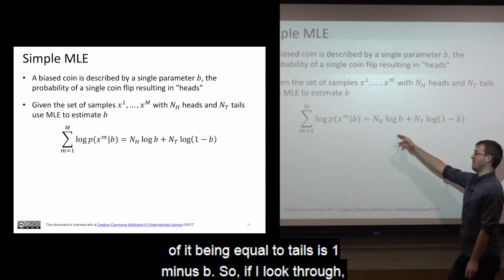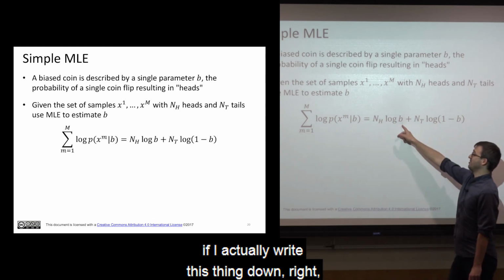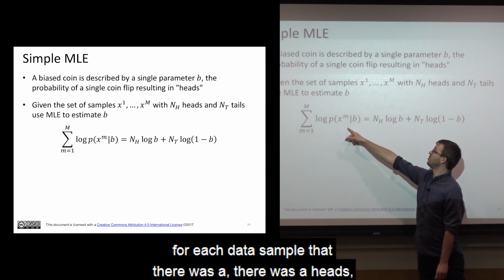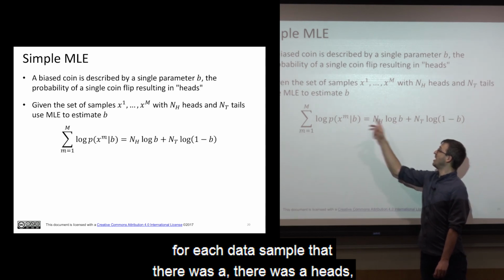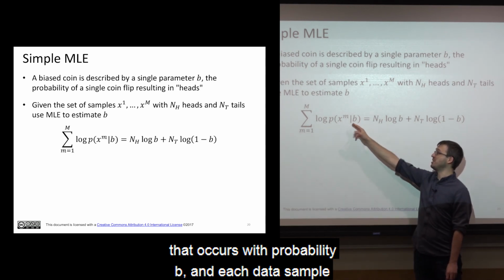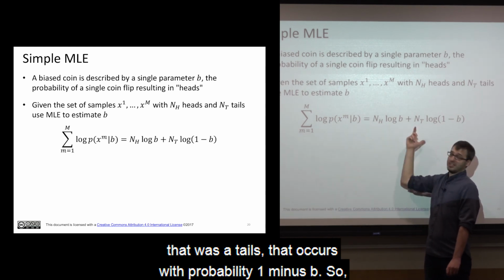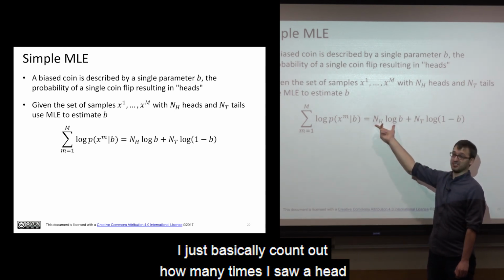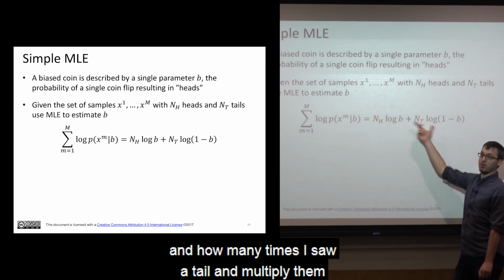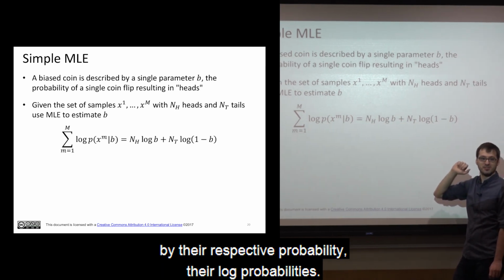So if I actually write this down, each data sample that was a heads occurs with probability b, and each data sample that was a tails occurs with probability 1 minus b. So I just count up how many times I saw a head and how many times I saw a tail and multiply them by their respective probabilities, or log probabilities.